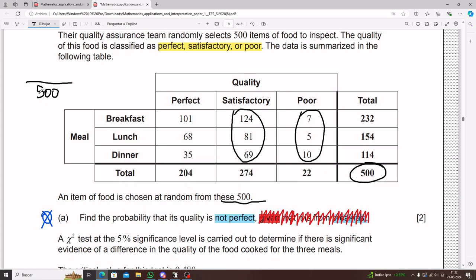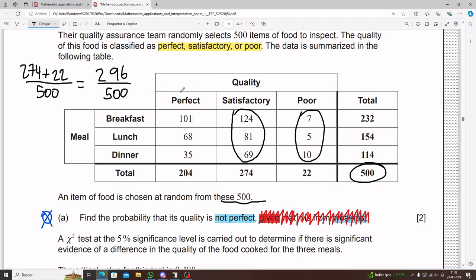And up top, those that are not perfect are the satisfactory, 274, plus the poor ones. So for not perfect, it's either satisfactory or poor. You would be doing 296 divided by 500, okay?